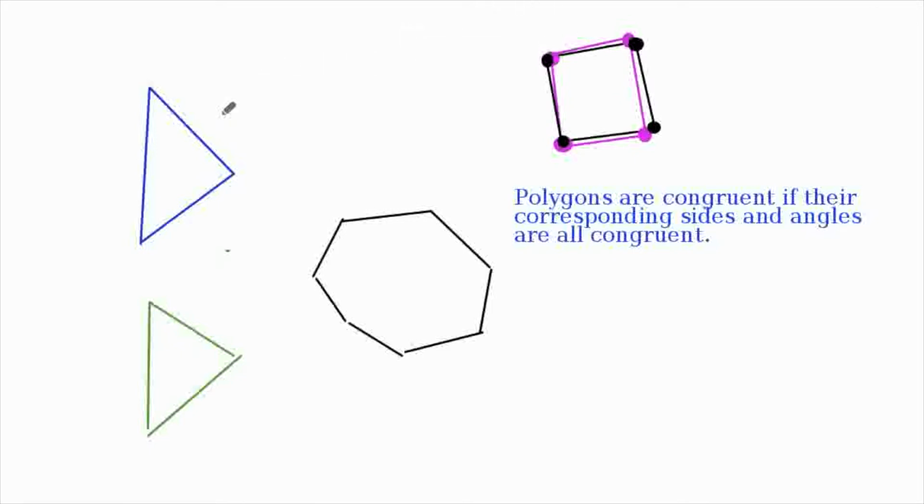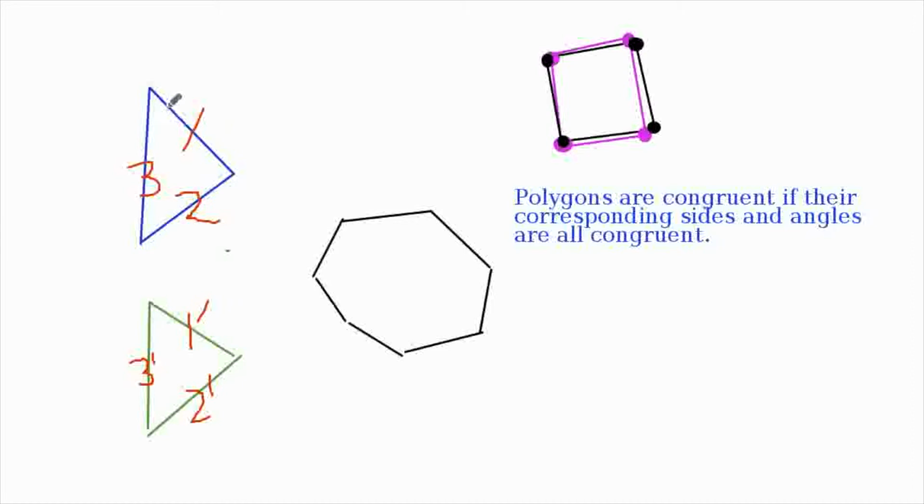Well, I have corresponding sides. I'll call them 1, 2, and 3, and for the other one, 1 prime, 2 prime, and 3 prime. So side 1 corresponds to side 1 prime, side 2 corresponds to side 2 prime, and side 3 corresponds to side 3 prime. If all of those corresponding sides are congruent, then it has a shot of being congruent.